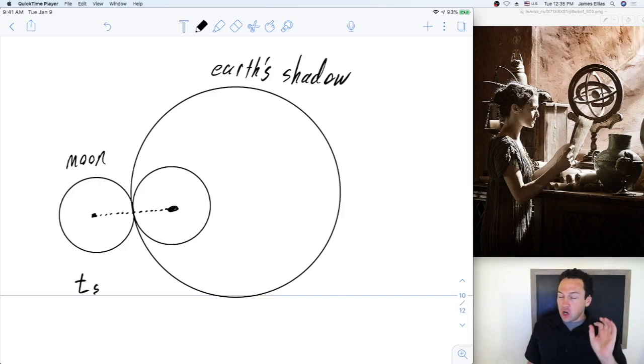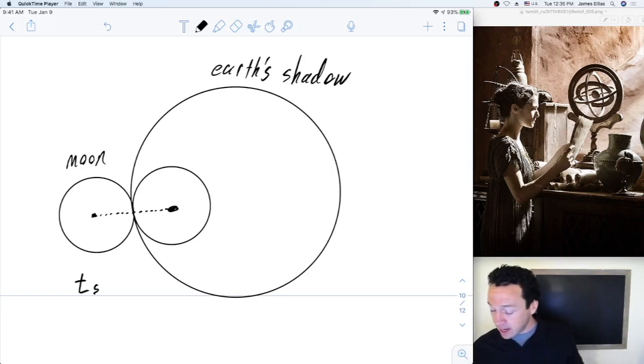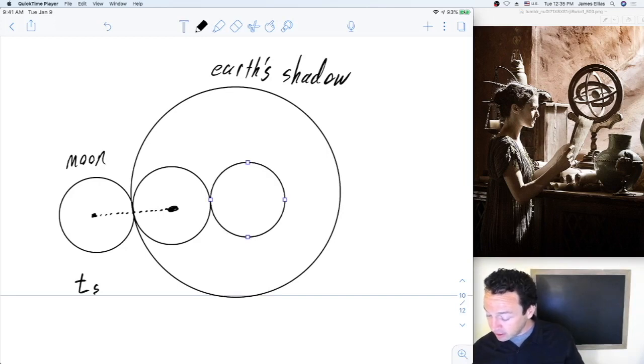If it takes 1 hour for the moon to be completely enveloped in shadow like this, then what Aristarchus finds out is that it takes 3 hours for the moon to then emerge from the shadow. Let's look at what that looks like. After the second hour, it looks like this.